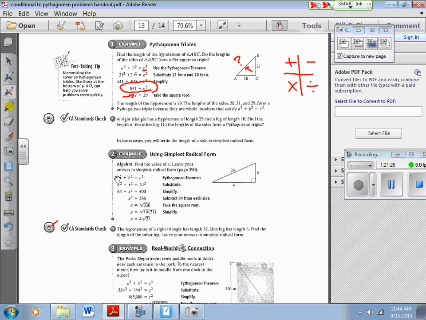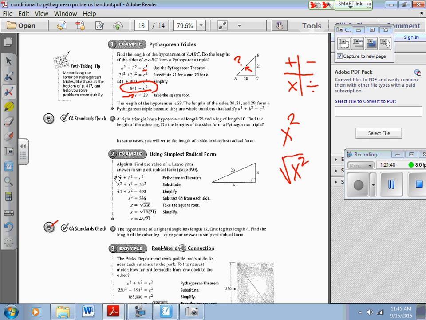what's the opposite of adding when you're solving an equation? Subtracting, right? These are inverses of each other. Opposite of dividing is to multiply, right? Well, what's the opposite of squaring something? Square root.